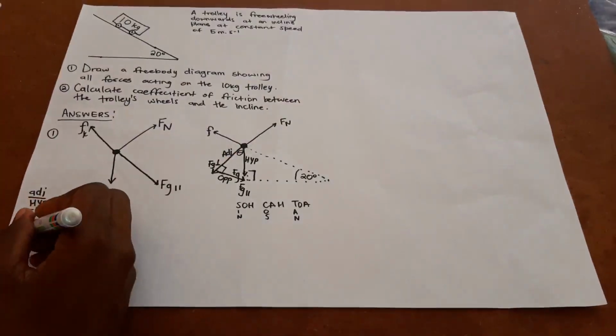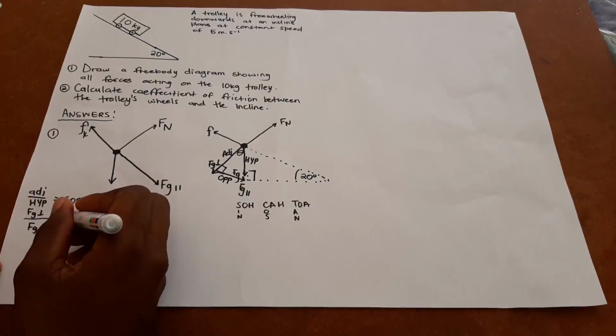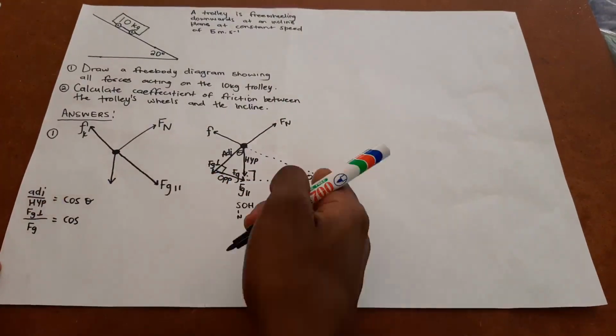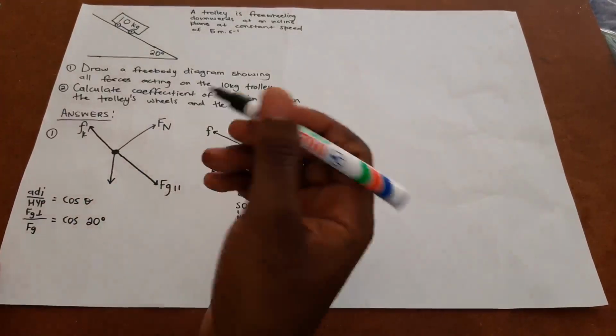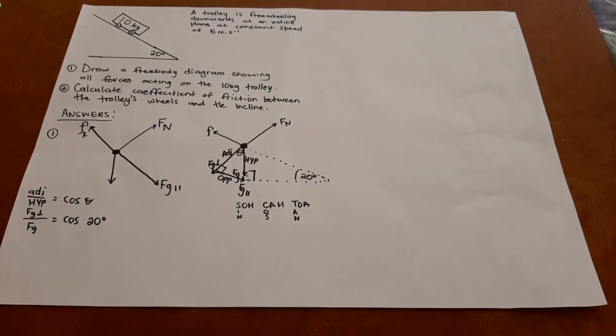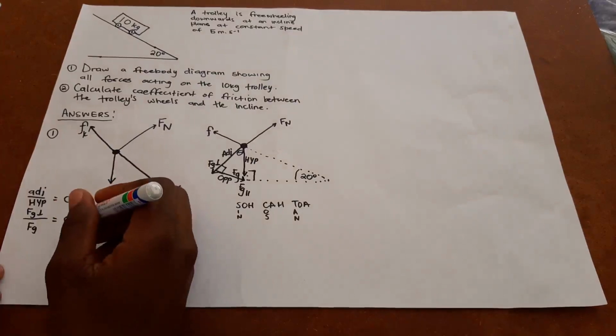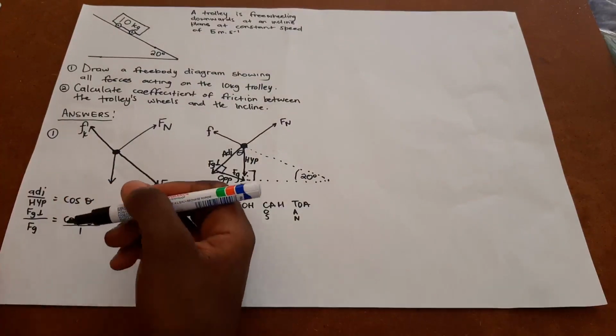The hypotenuse side is FG, equals cos 20 degrees. This angle is equal to that one. So now I think you're with me, guys. I'm trying to explain myself as much as possible.